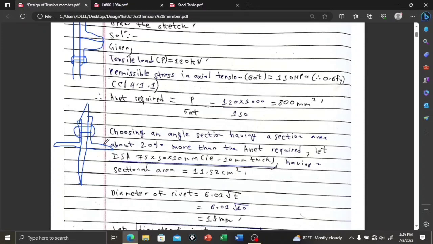This is the third case. So all these cases will be covered in this numerical.